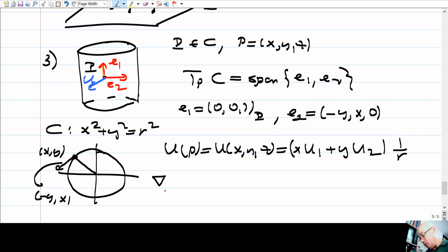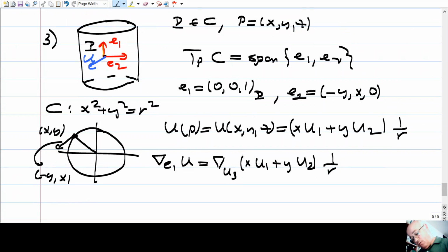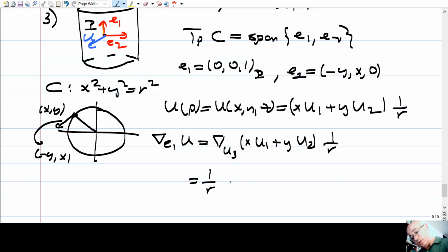And then let's compute the covariant derivatives. Covariant derivative of U along E1. Well, E1 is the vector 0, 0, 1. So it is just the vector U3 of U. U is this, x times U1 plus y times U2, and then we have 1 over r. 1 over r is constant, so it just goes out.